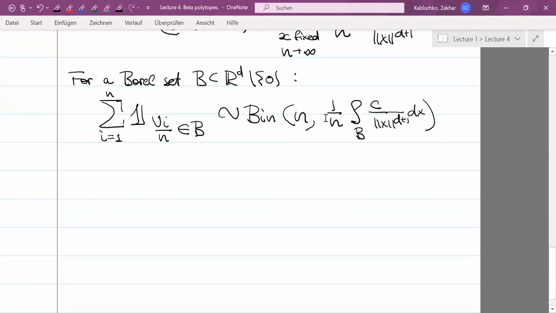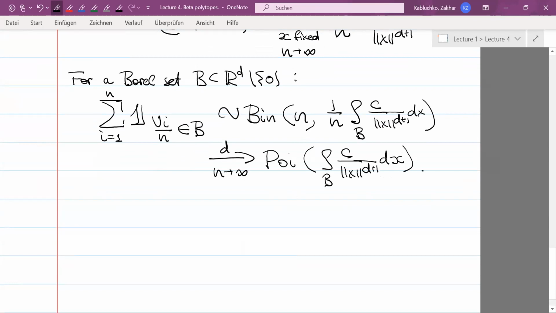And now we have a binomial distribution. The first parameter is n, and the second is 1 over n times some constant, which means that it converges as n to infinity in distribution to the Poisson random variable with parameter the integral of c over norm x to the d plus 1 dx.